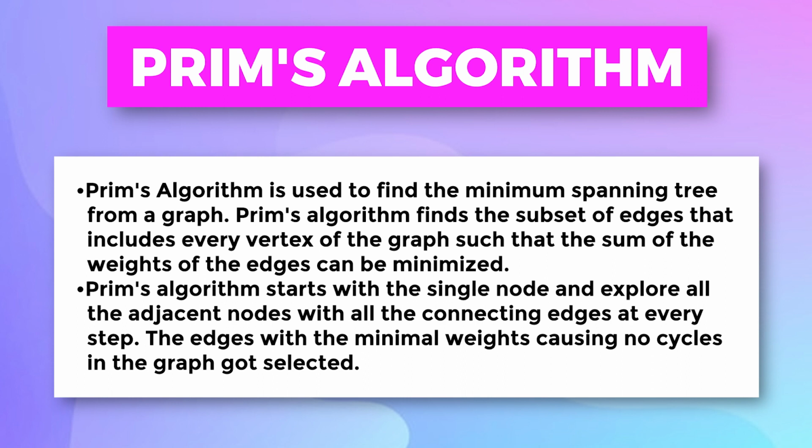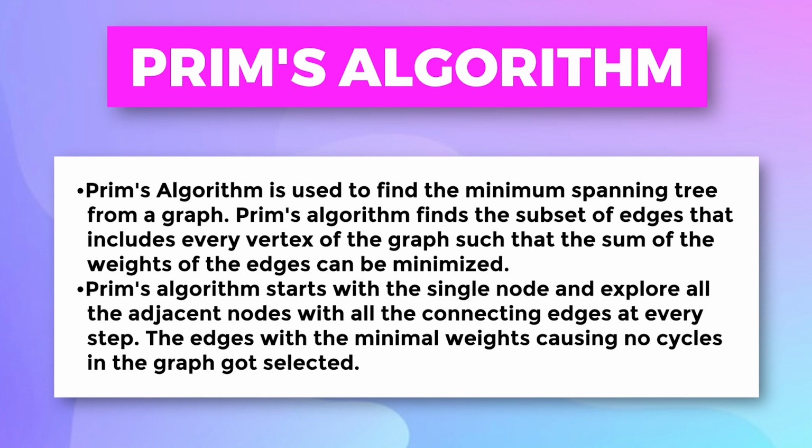Prim's algorithm starts with a single node and explores all the adjacent nodes. You can start from any vertex in the graph. It is not mandatory to start from the same vertex; you can start from anywhere. The condition is that you have to explore all the adjacent nodes with all the connecting edges at every step.